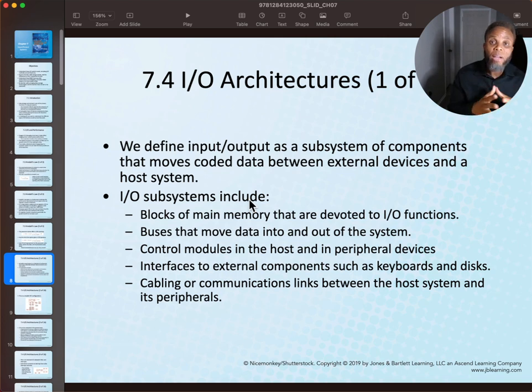There is a subsystem on the machine that is responsible for grabbing input from the peripheral devices and for pushing data to the peripheral devices. There is also a component of the computer that's responsible for serving interrupts and controlling the data flowing across the buses, the lines that move data into and out of the system. All of this comprises the I/O subsystem.